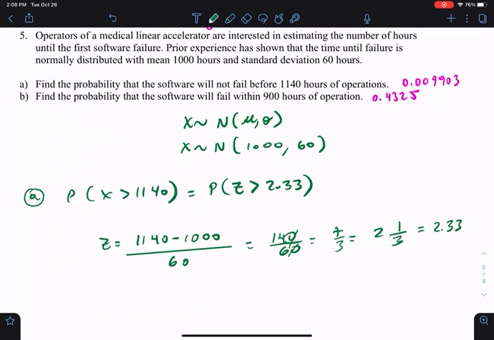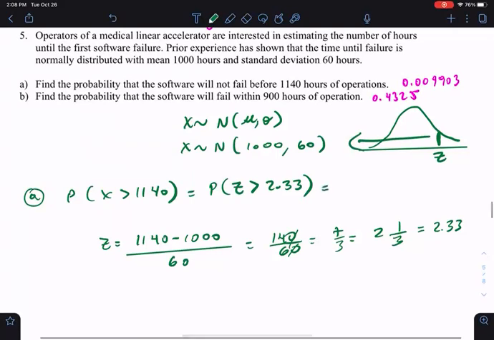And we don't have the area to the right of the Z value. Remember, the standard normal distribution just gives you the area to the left. So we need to adjust something. So this is going to be 1 minus the probability of Z less than 2.33.